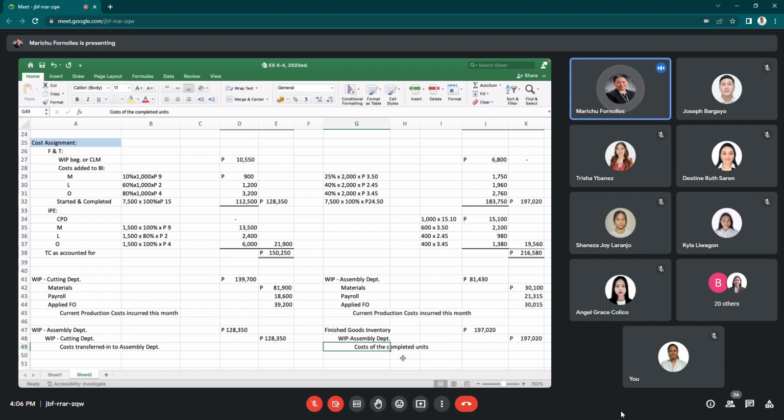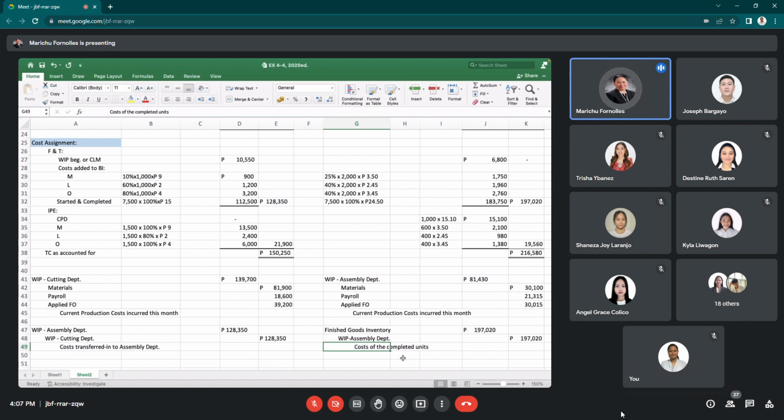I hope you understood the flow of the units from one department to another, as well as the flow of the costs from one department to another until it is ultimately transferred out to the warehouse. For now, there is no spoilage and no defective units.